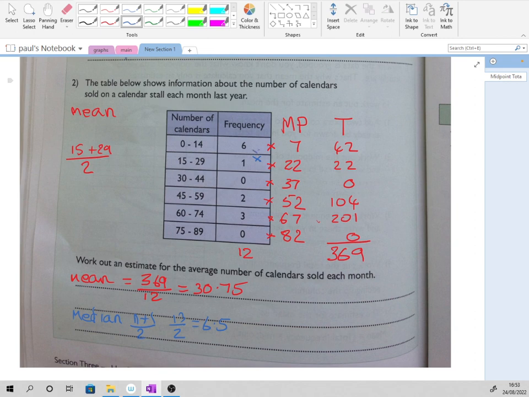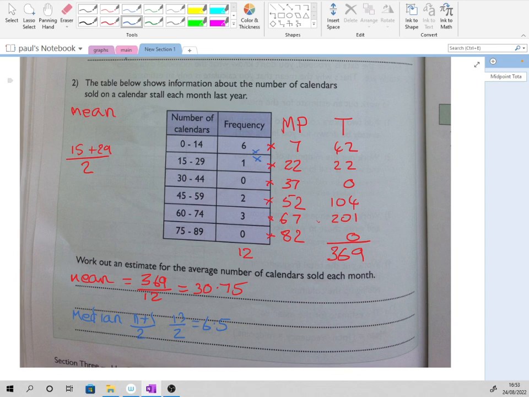6.5 is in there. So the median doesn't work, does it? 6.5 is there. It doesn't come out to be the middle. What have we done wrong? 12, 6, 7, 8, 9, 10, 11, 12. There are 12. That is maybe because of these zeros making it more difficult. So 12 plus 1 is 13. 13 divided by 2 is 6.5.